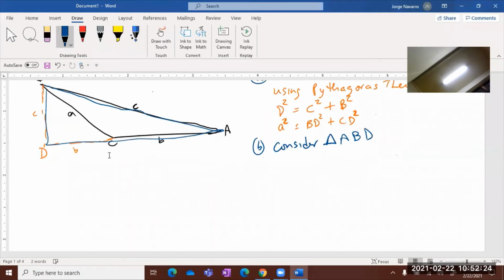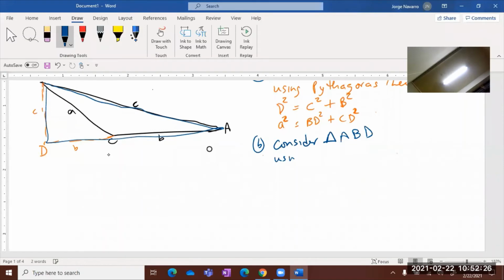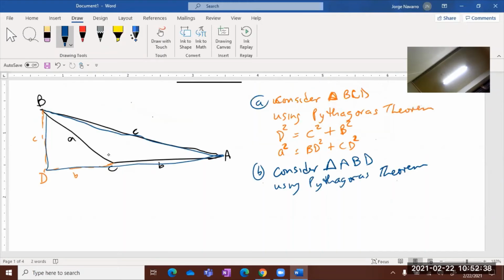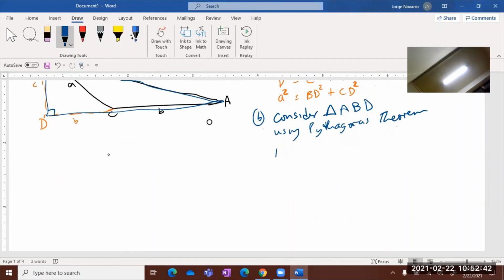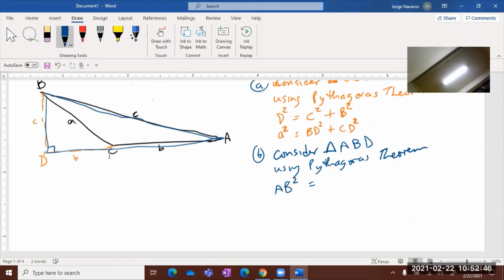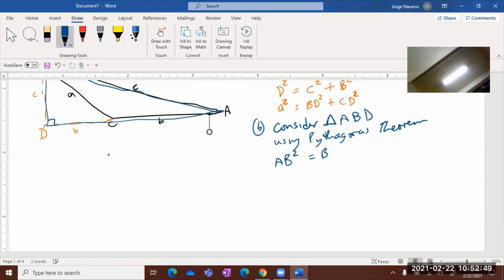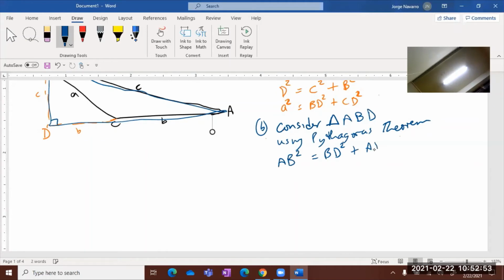Using Pythagoras, because the cosine rule is actually a derivative of Pythagoras' theorem, we know that since the right angle is here, the hypotenuse is AB, so AB squared is equal to BD squared plus AD squared.